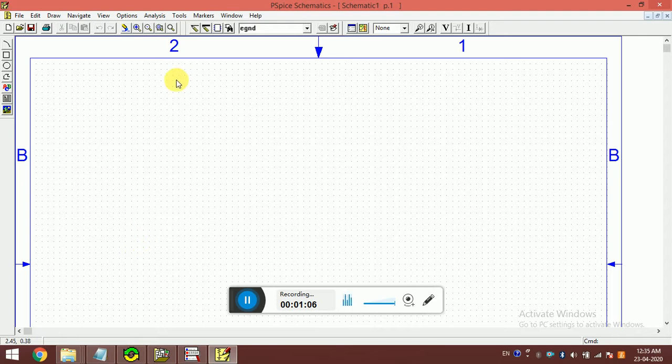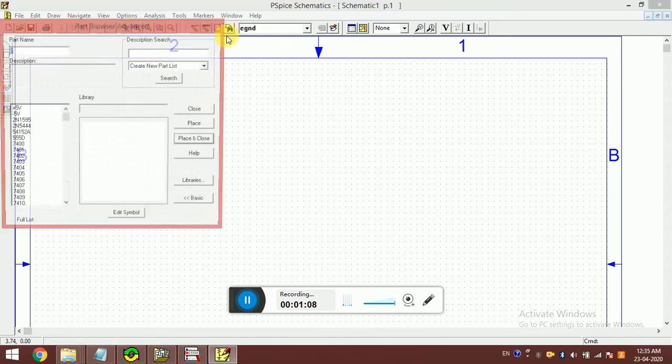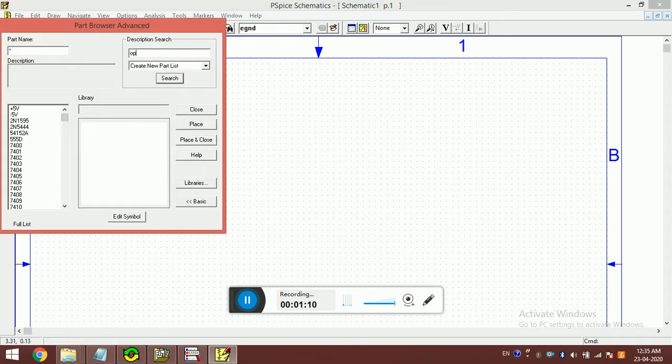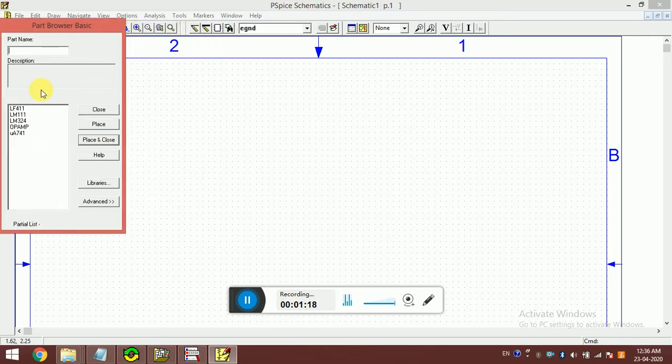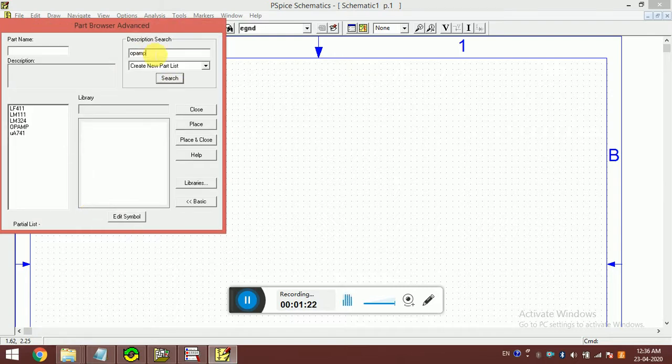So first of all I have to take the op amp, right? So I search op amp. Remember, in this search panel, if you just click basic, normally you only see this one. If you click advanced, then this description search menu comes, because if this description search is not available, then you have to type the exact part number.